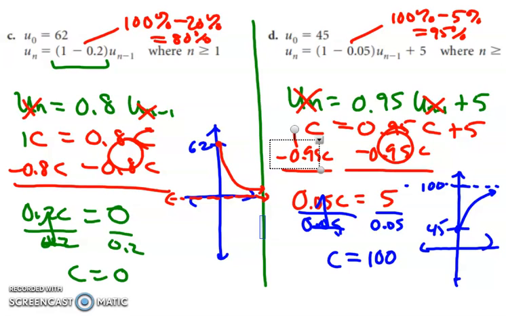It's unlike the arithmetic, where if you're adding, it's always going up, and if you're subtracting, it's always going down. Or for geometric, if the number's bigger than 1, then that's a growth. If it's between 0 and 1, then it's going to be a decay. But when you have this combination of a multiplication problem and addition, it's always best to check.